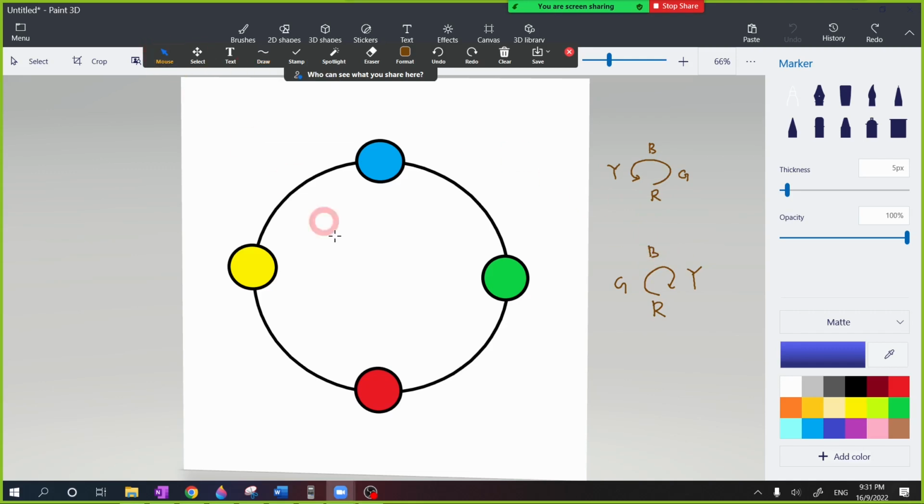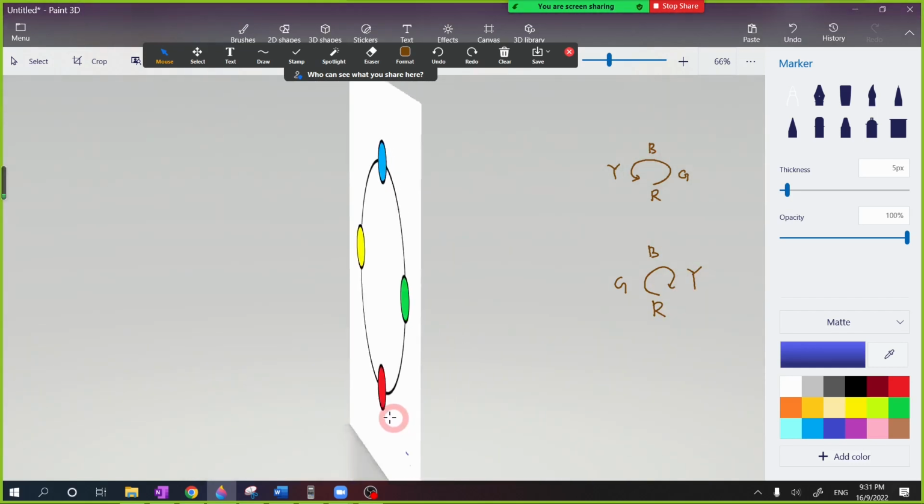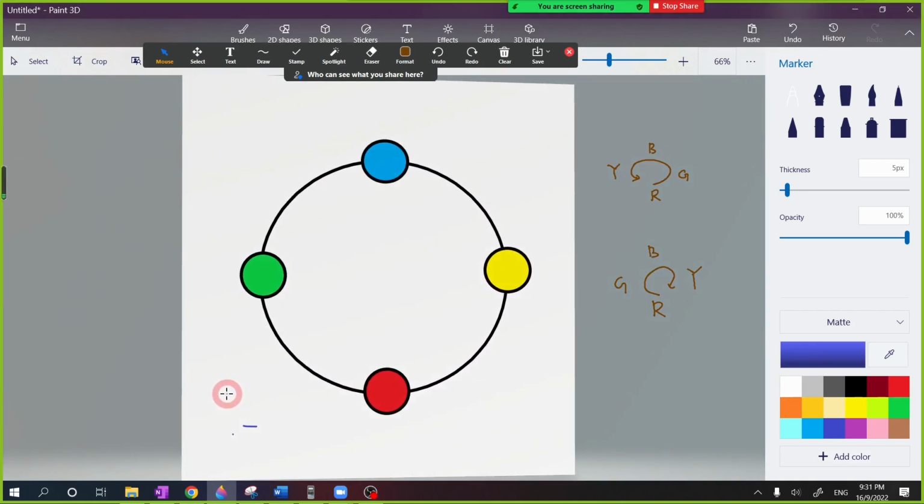Okay, let's see. How do I change this to this? I just need to arrange this way. So in order to change this to this, I don't have to rearrange it. What I need to do is just turn it over, because this is a necklace, right?